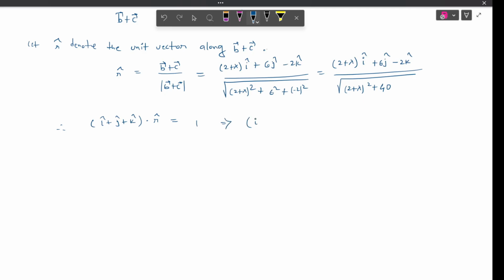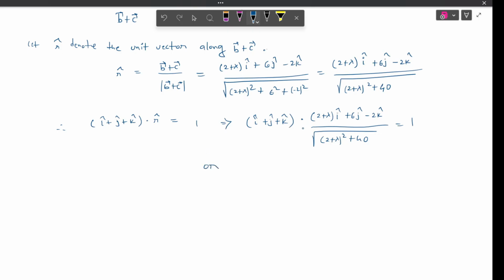This implies i cap plus j cap plus k cap dot product with r cap, which is (2 plus lambda) i cap plus 6 j cap minus 2 k cap by square root of (2 plus lambda) square plus 40, is 1.